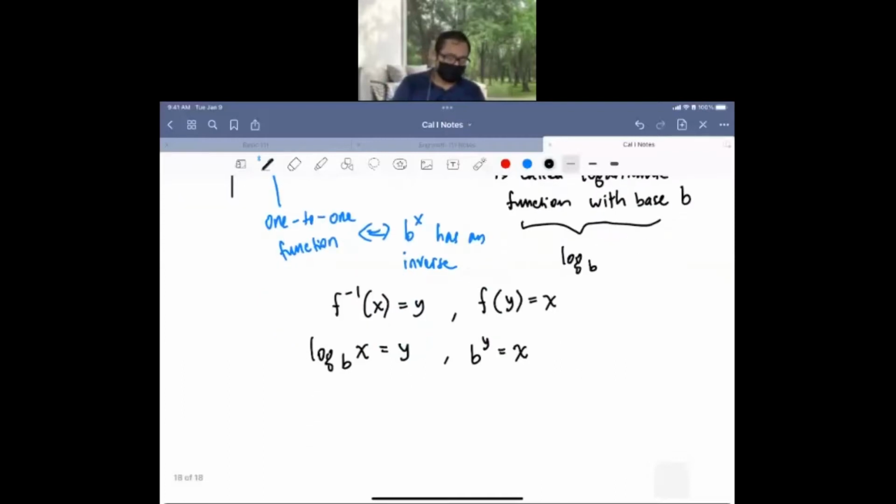So if we write the function b with power of x, the inverse of this function should be the log with base b of x.